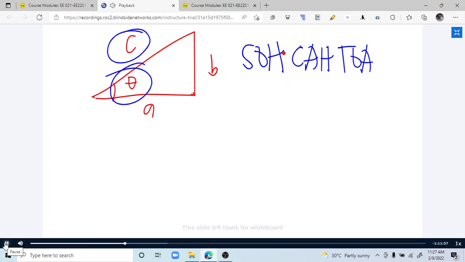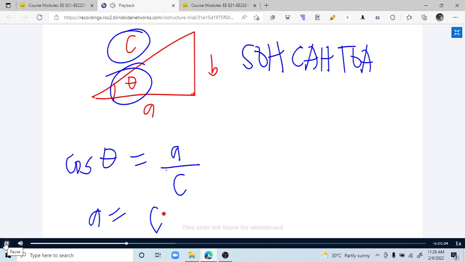This is cosine, right? Therefore, the cosine of your angle is equal to adjacent over hypotenuse, that is A over C. So basically, we can get A by cross multiplying. Therefore, A is just equal to C cosine theta. So you can now get A given C and theta.